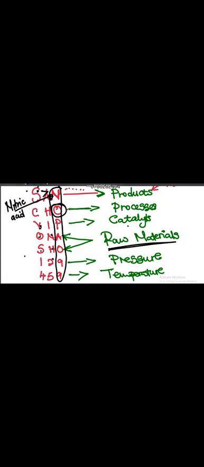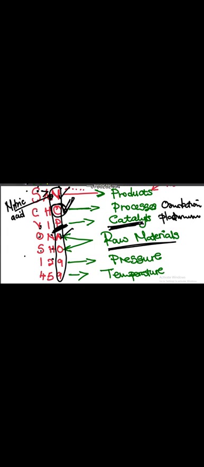So nitric acid is manufactured by a process called the oxidation process. And platinum is used as catalyst.